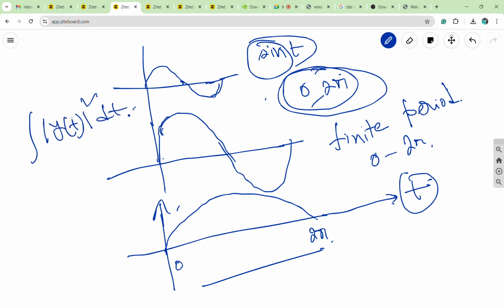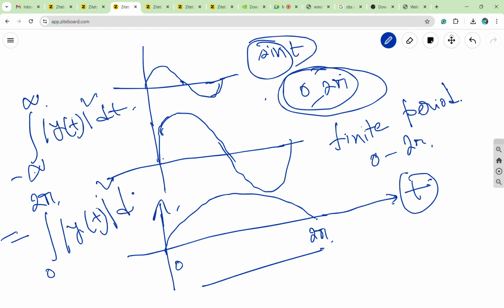This is the definition of energy. If we calculate it from minus infinite to infinite, it is equivalent to calculating it within 0 to 2 pi. And as this signal is finite within this duration, it will always be less than infinite, and you can easily calculate the energy here.